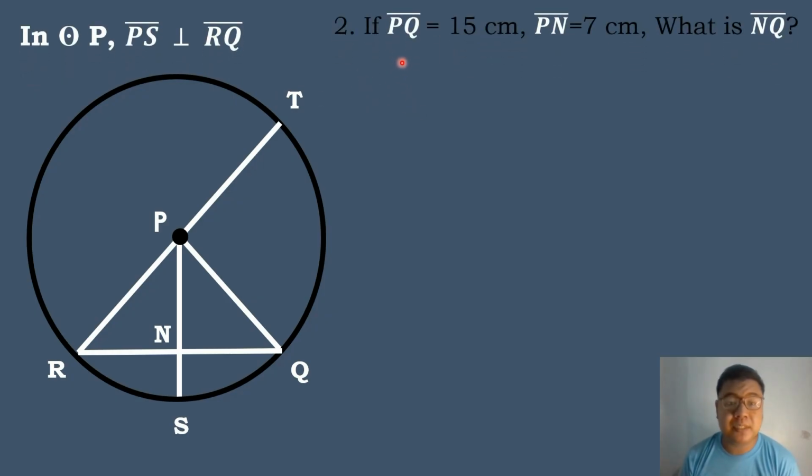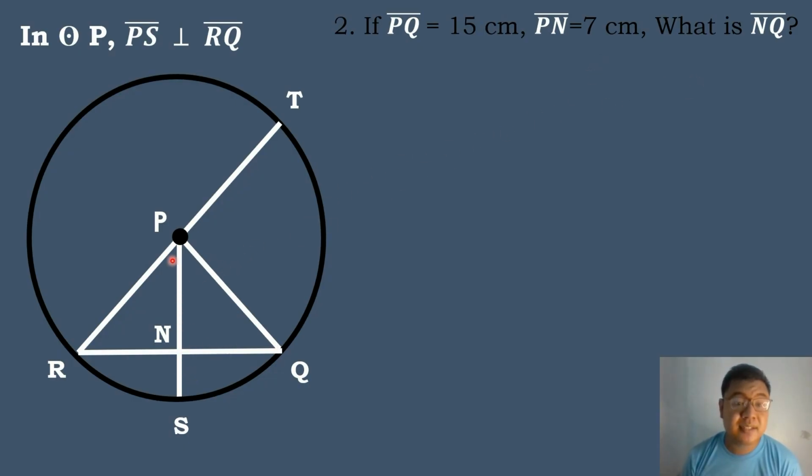If the value of segment PQ, the radius, is equal to 15 cm, and the value of segment PN is equal to 7 cm, what is the measure of segment NQ?